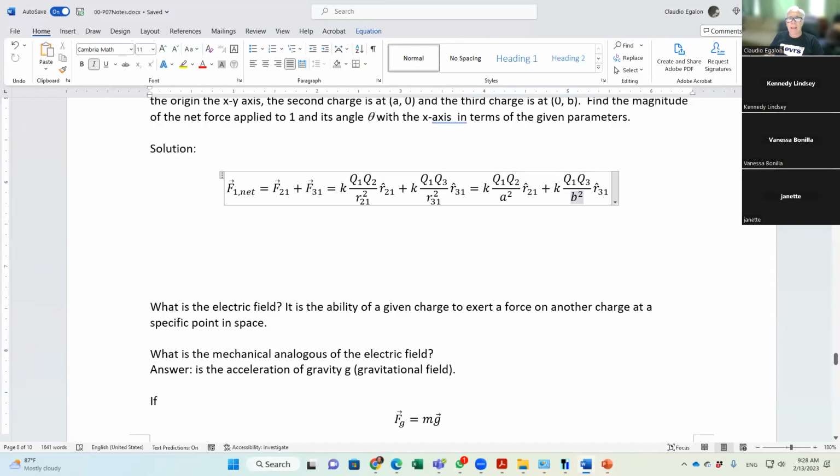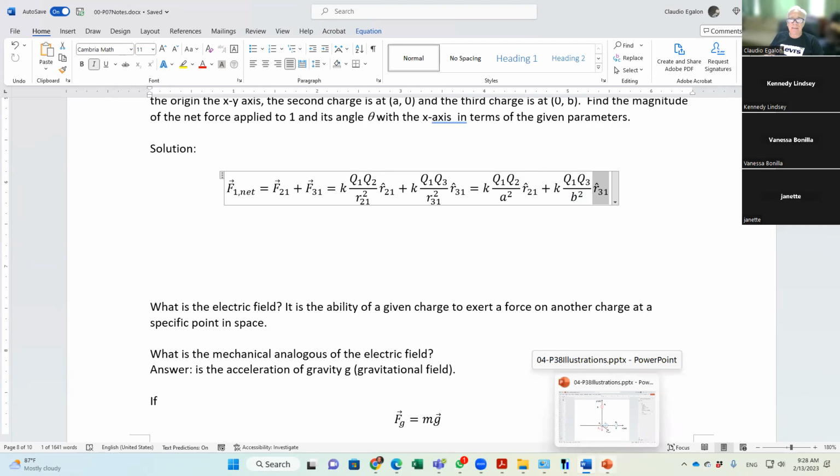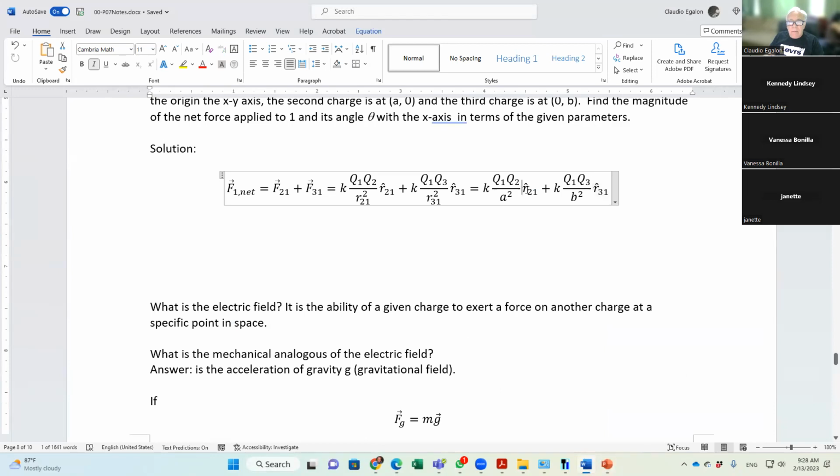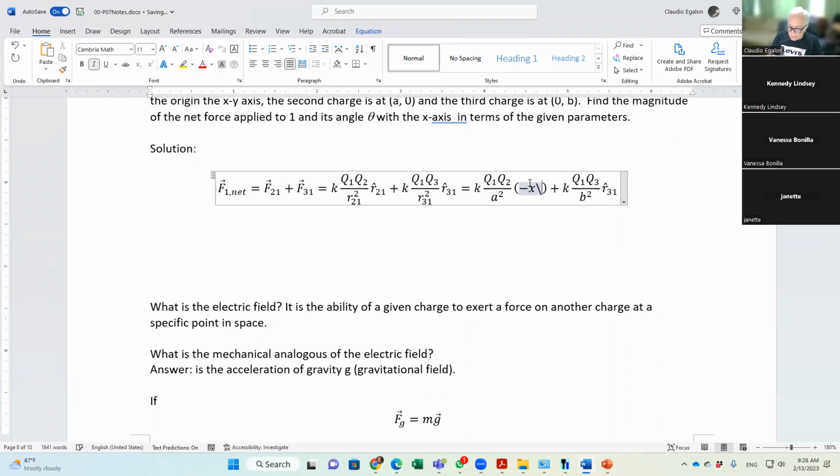Okay, now we have to translate those unit vectors in terms of x hat and y hat. R hat from 2 to 1 is going to be to the left, so it's going to be minus x hat.